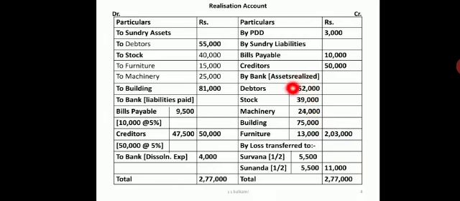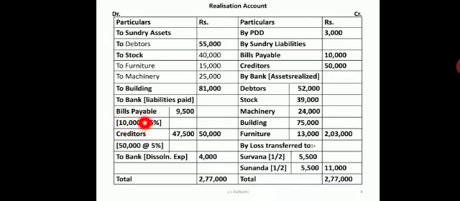Now after realizing these assets, I will come to the debit side to make the payment of my liabilities. So on the debit side, I will write to cash or bank, because a decrease in liabilities is always debited. Now the second adjustment tells that creditors and bills payable are settled at 5% discount.